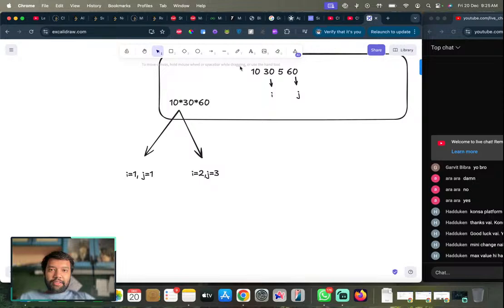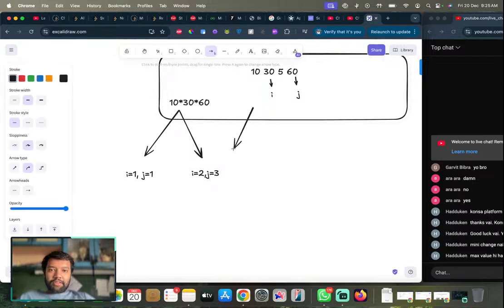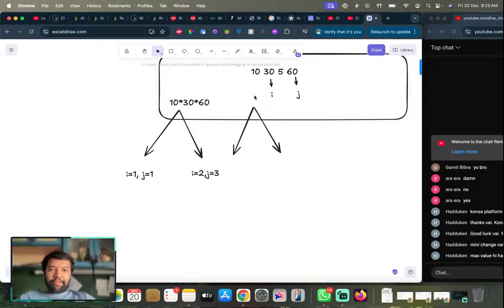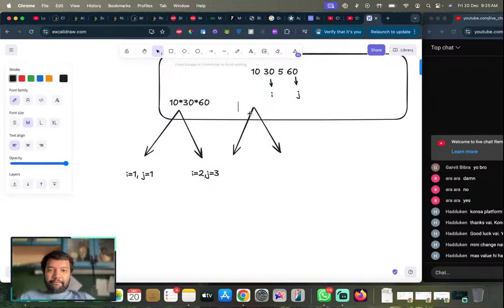In that case, the partition would be 10 into 5 into 60, and into 5 into 60.